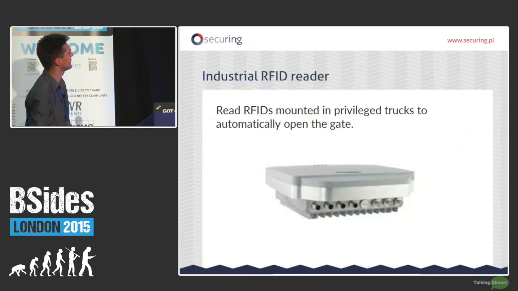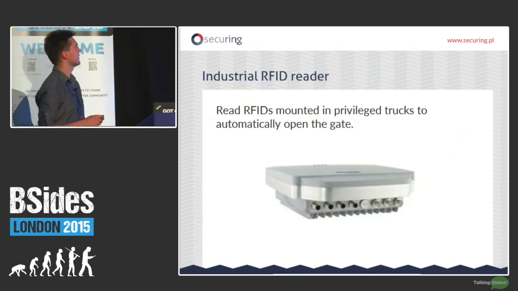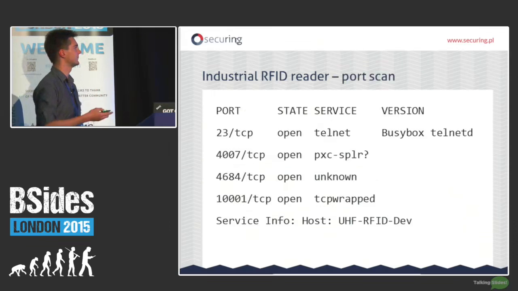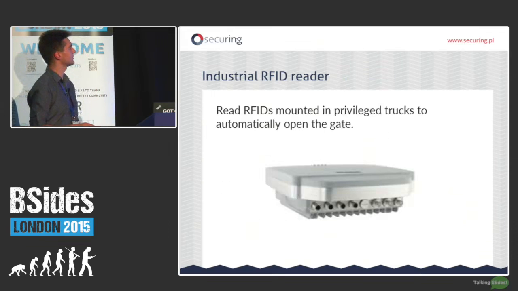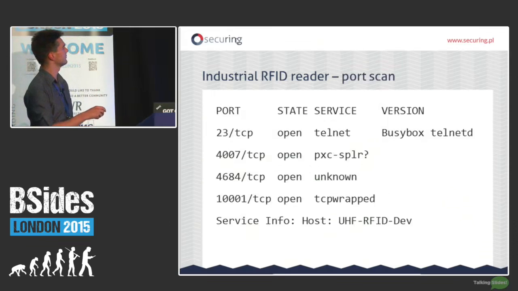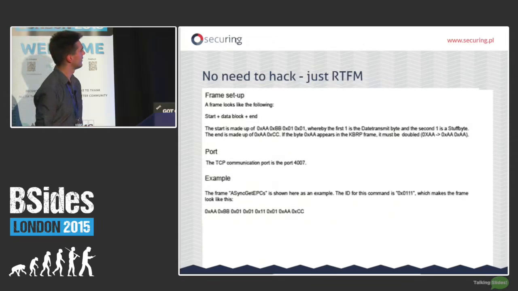It's not very interesting. What is interesting is that there was an RFID reader at the gate of the company, and it read all the RFID tags which were on the trucks and automatically opened the gate. So this box had some open ports.